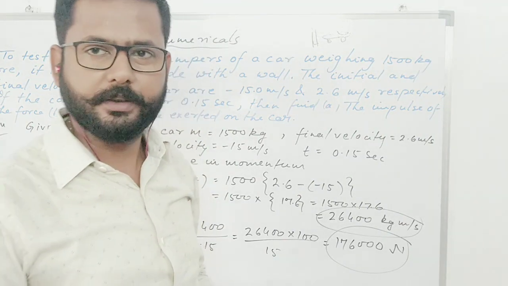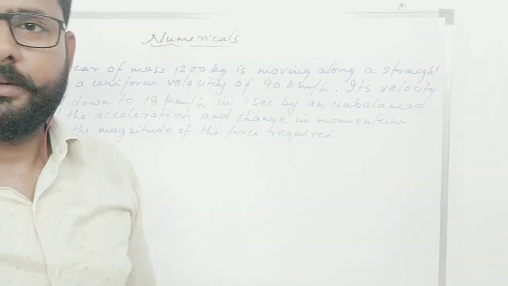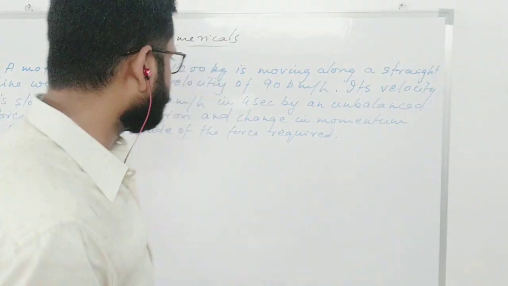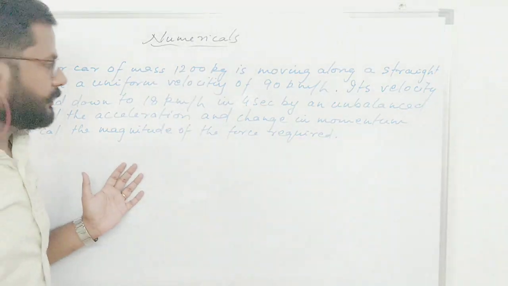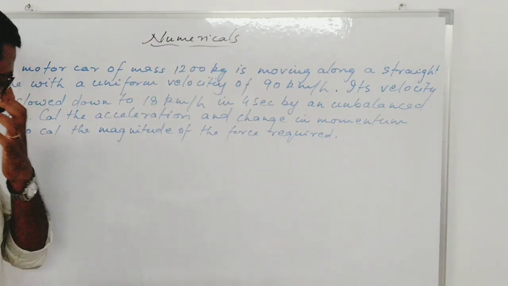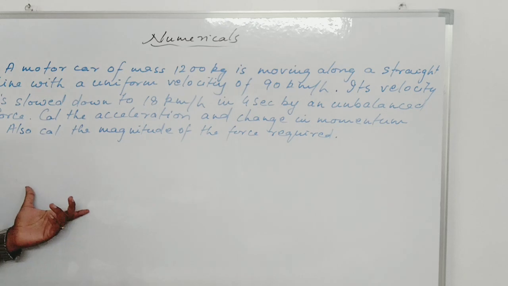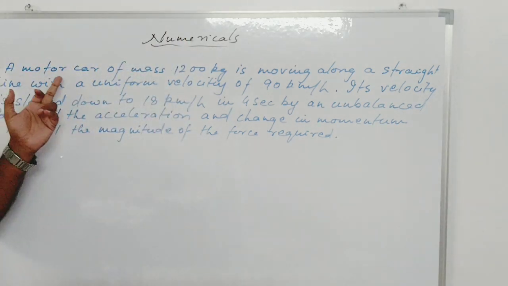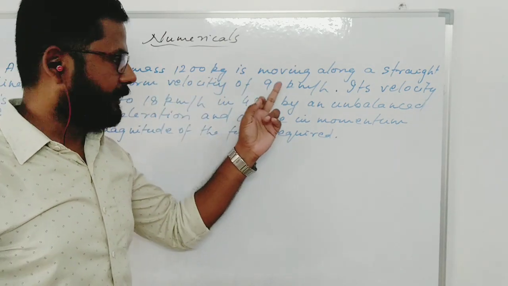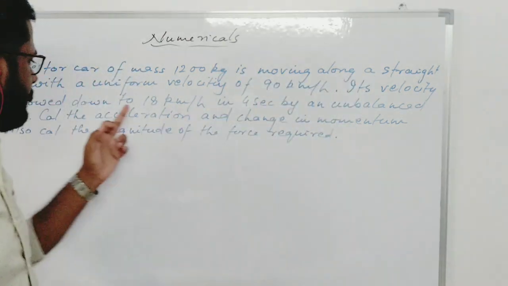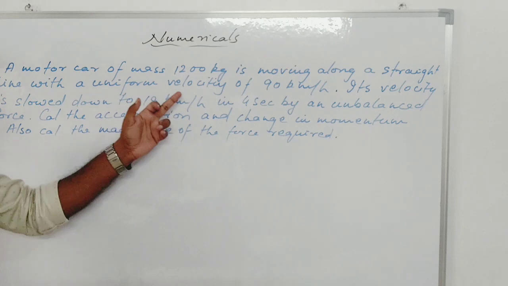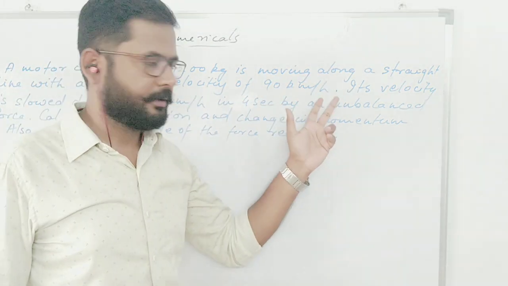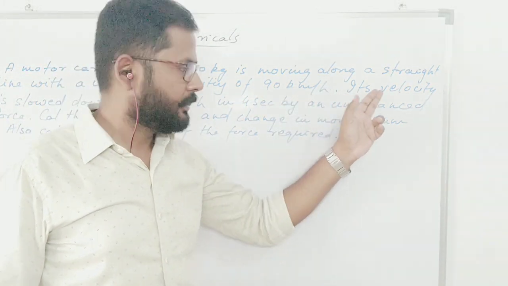Now come to the next question. The next question is not based on impulse. The question is, a motor car of mass 1200 kg is moving along a straight line with a uniform velocity of 90 km per hour.